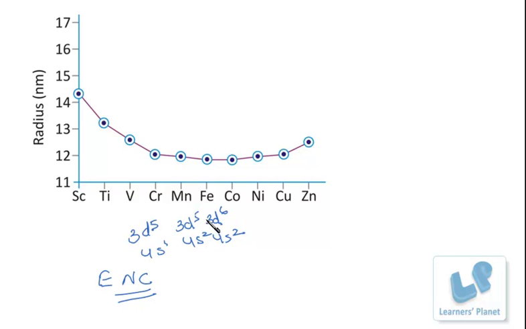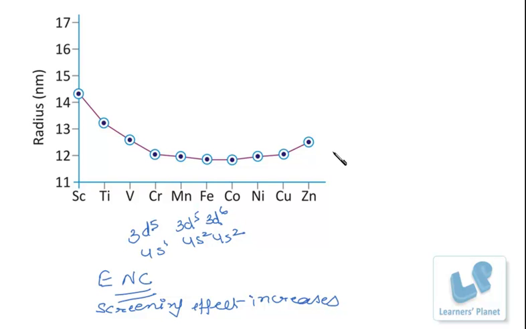And after the pairing of the electrons has started, what happens? The screening effect increases. Now the nuclear charge as well as the screening effect are increasing.